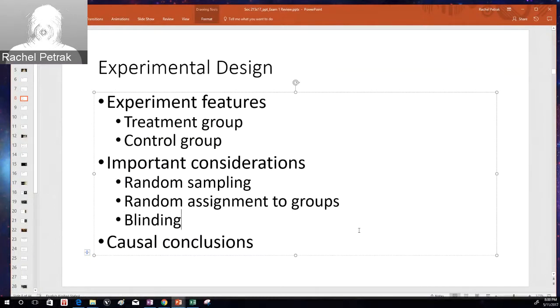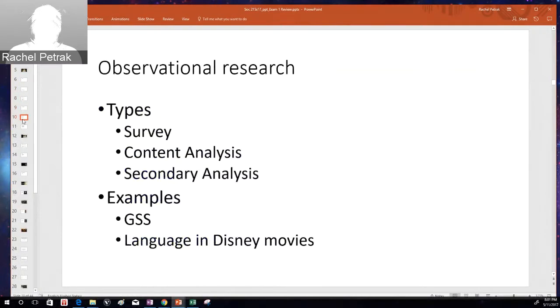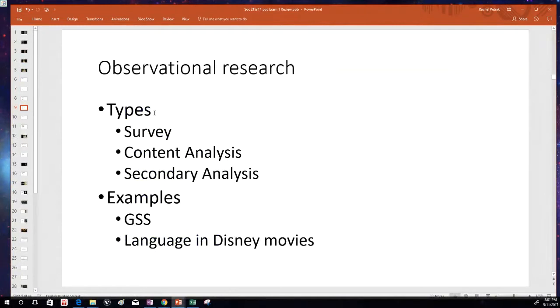As long as we have these qualities in our experiment, we can draw causal conclusions validly.